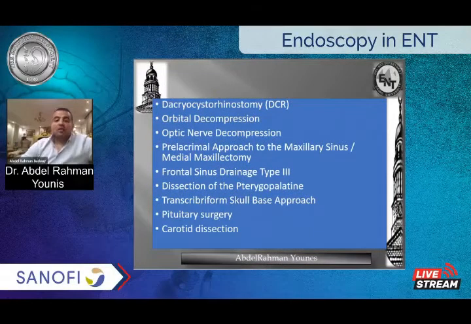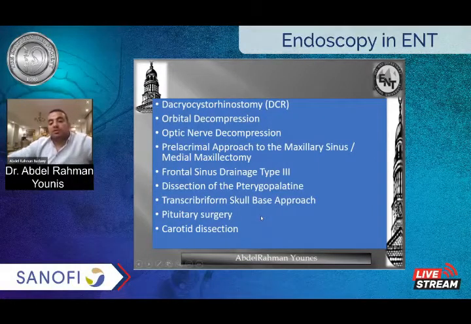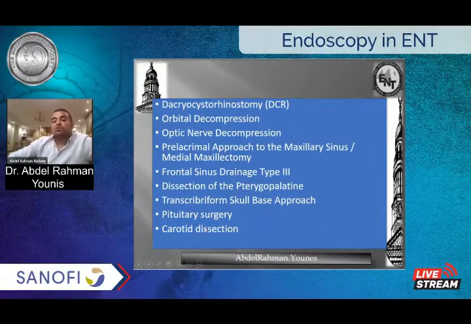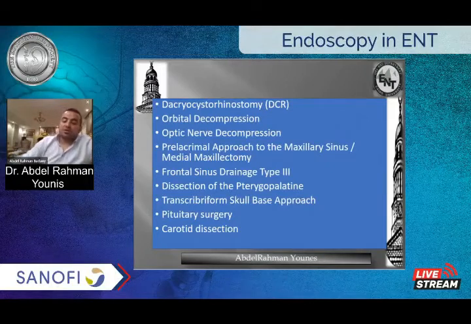We try to highlight important items in each of the previously listed items, except the pituitary and the carotid dissection, because they need a separate lecture to be discussed.